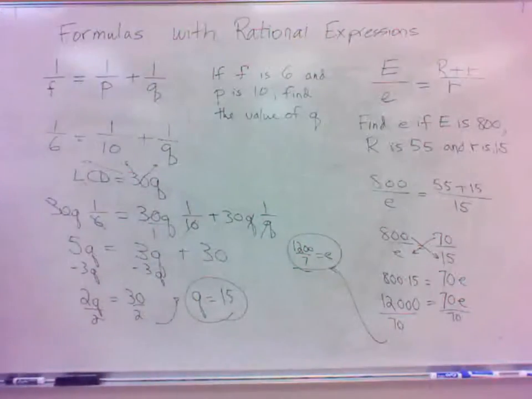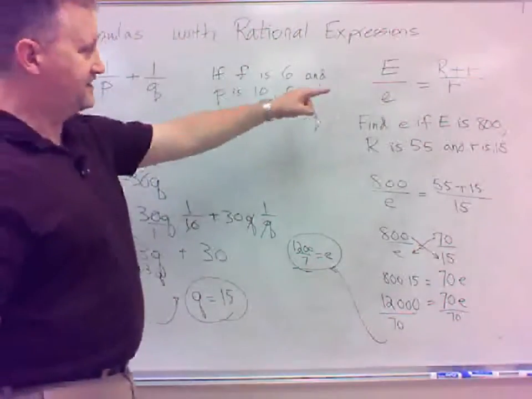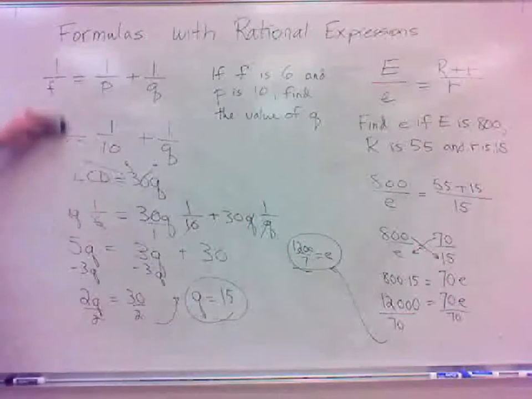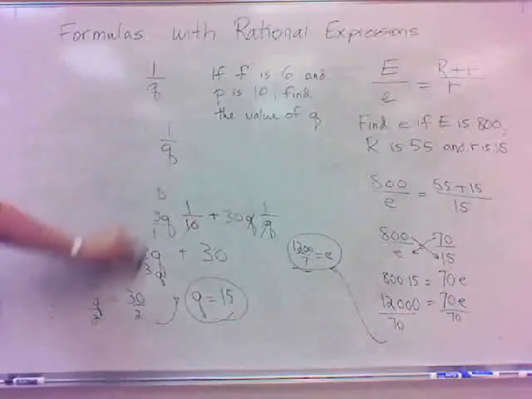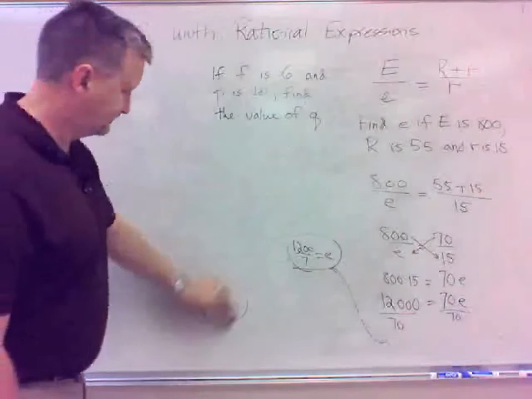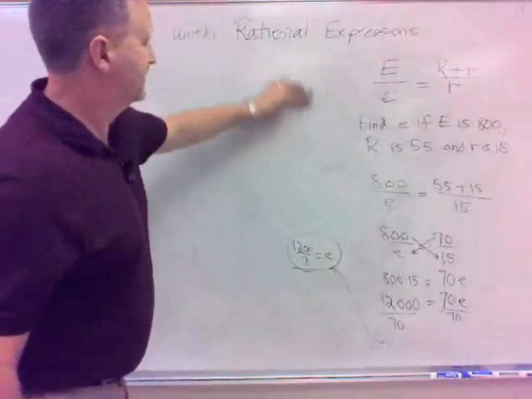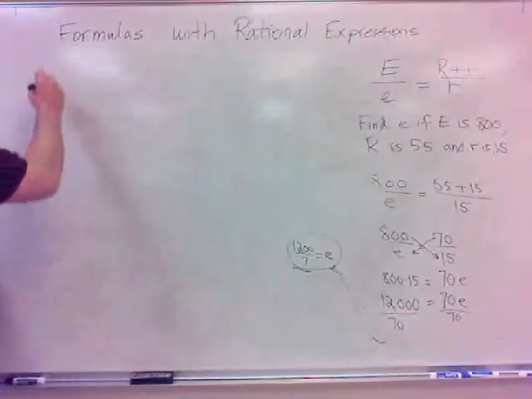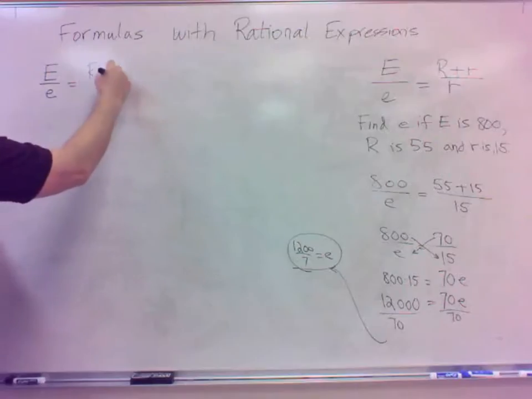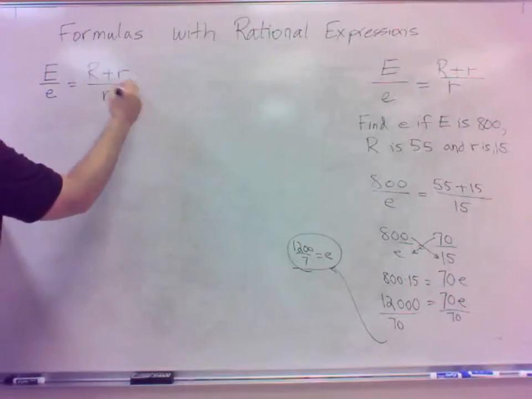Now, let me take that very same formula and do something a little different with it. Big E over little e equals big R plus little r over little r. Same formula.